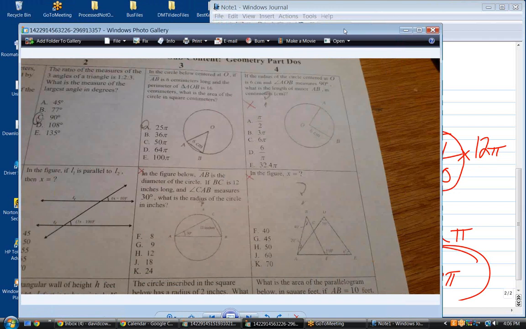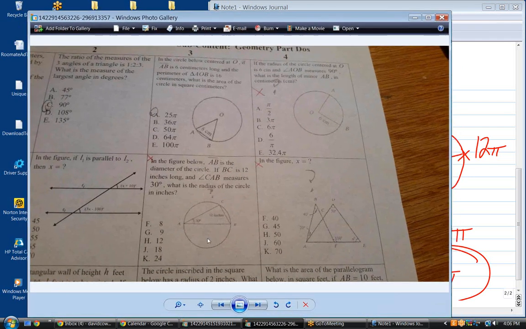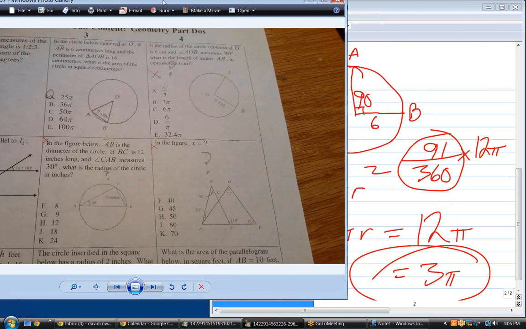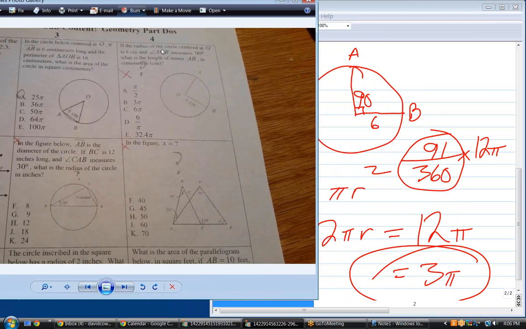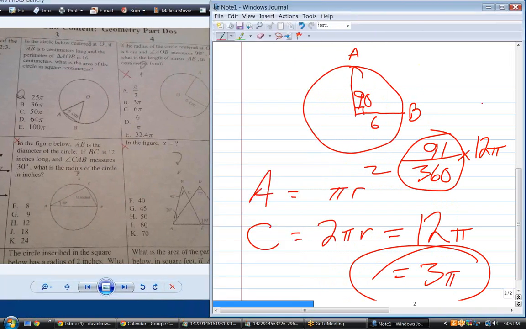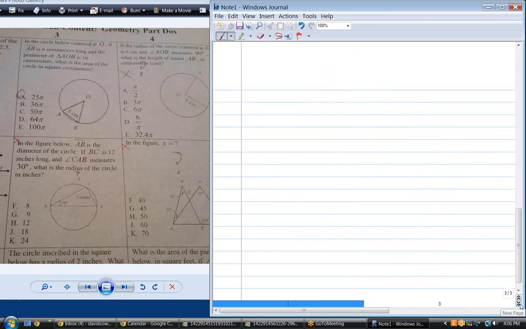All right, let's look at this next one here. The next red X. Circles are pretty good today. I don't usually draw circles this good.